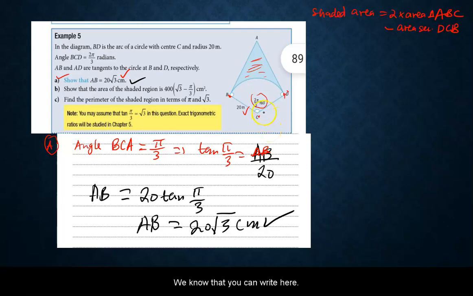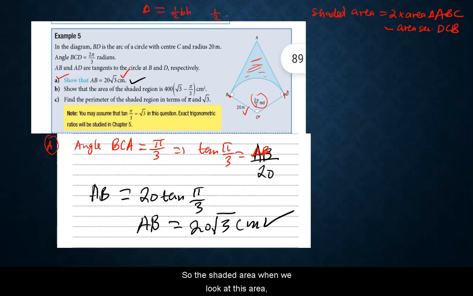So what do you know? We know that the area of a triangle is usually a half base times height. And we also know the area of a sector is a half r squared theta, right?